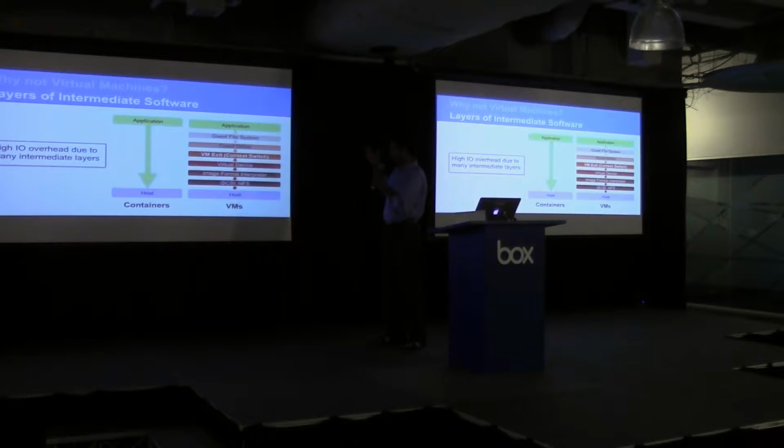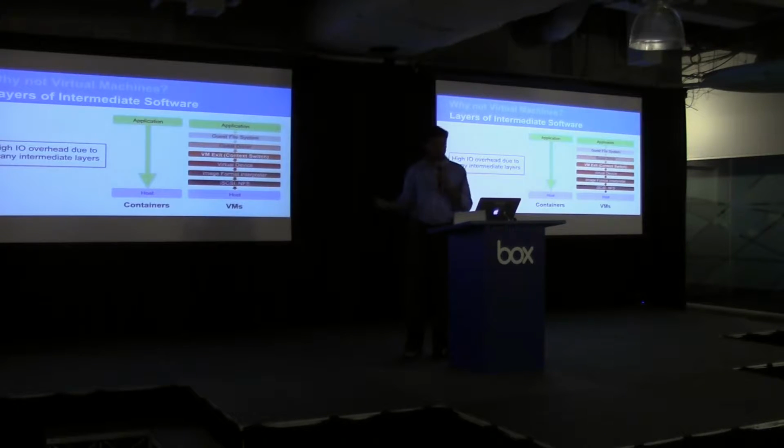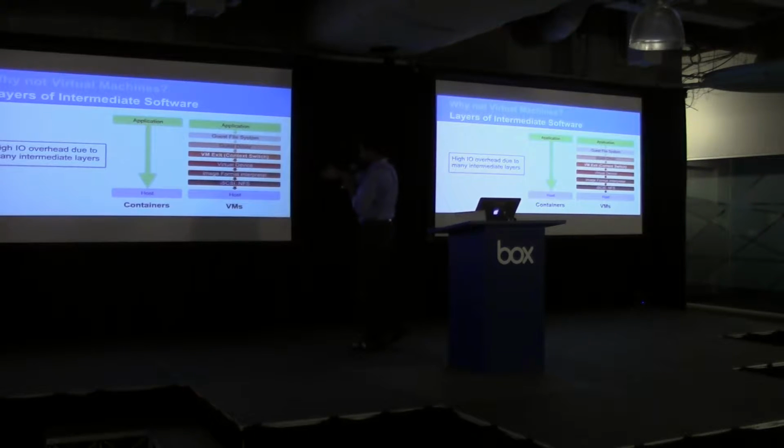So for example, if you think about a simple event in the application like a write system call, it needs to go through these thick layers of software stack to get to the underlying resources on the host. The write system call needs to go to the guest file system, which would hand that event to the guest driver, which needs to context switch. And this is a heavier context switch than a typical operating system context switch. It's a VM exit.